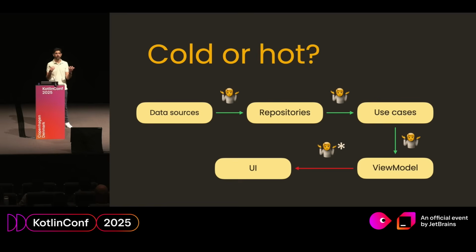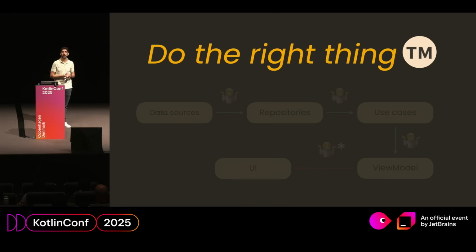Maybe it's using the stateIn operator, and it's canceling the upstream flow collection if there is no one there. It can get a little bit tricky. The TLDR is that you don't really care, and you simply need to do the right thing, air quotes, in every layer of your application. If every layer is responsible for doing the right thing, then we shouldn't need to worry.